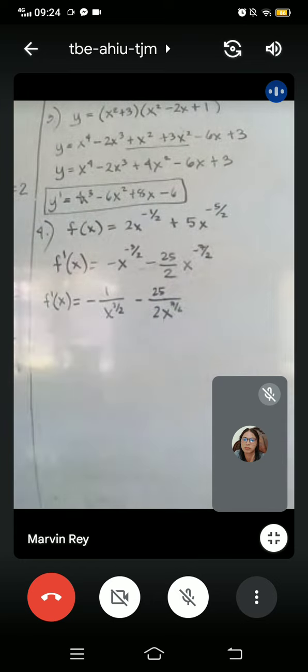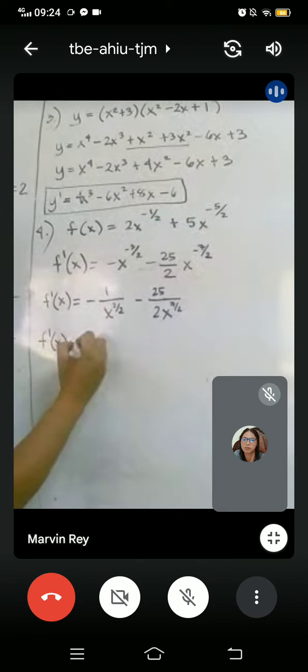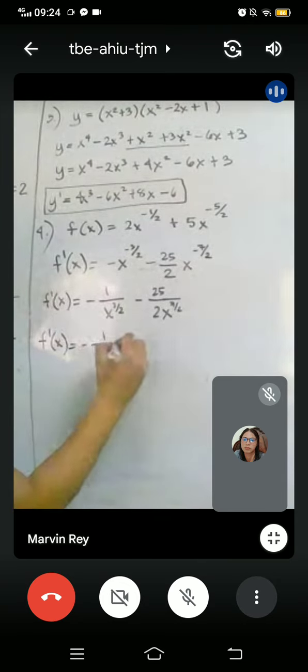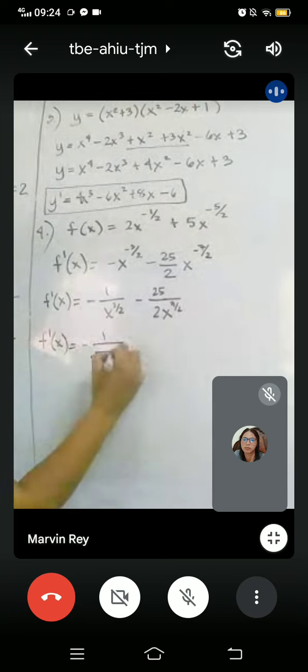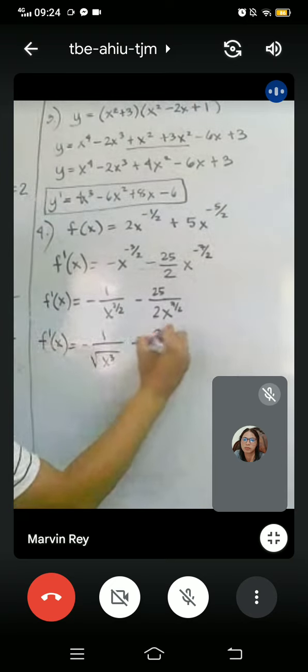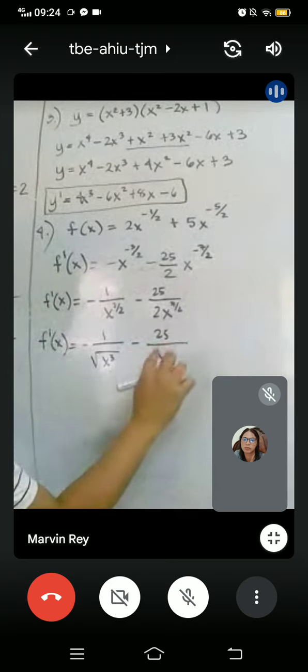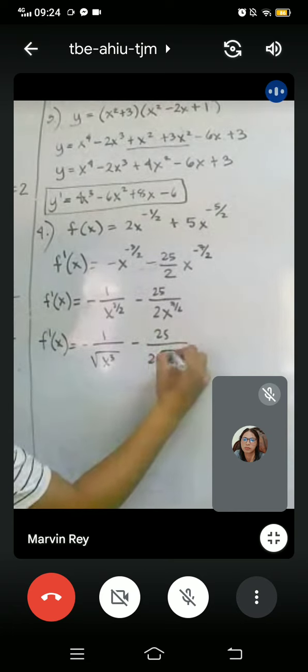So pwede na po ni siya. Or pwede pa yun ibalik ni mo siya sa radical expression. F prime of x is just equal to negative 1 over square root of x cubed minus 25 over 2 square root of x to the power of 7.